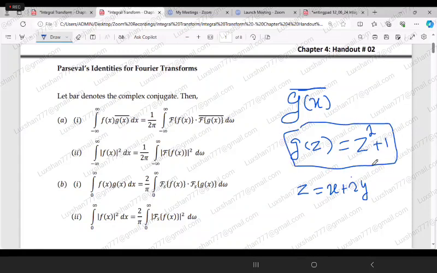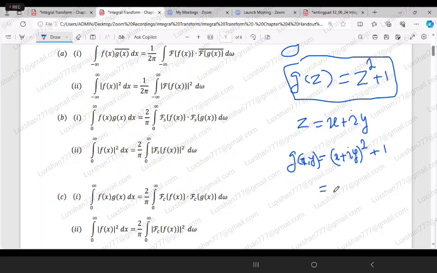If you substitute x plus iy, then g(x, y) becomes (x plus iy) all squared plus 1.